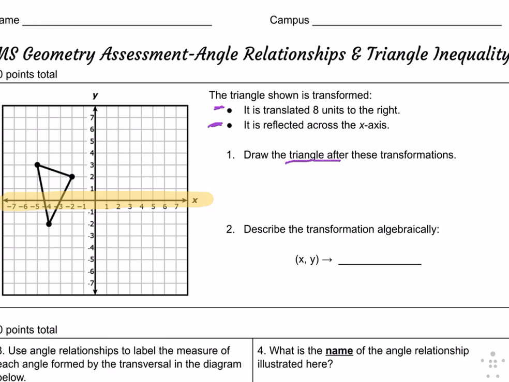Starting at the top, 1, 2, 3, 4, 5, 6, 7, 8. Here's one point. Here's another point, and here's the other point.